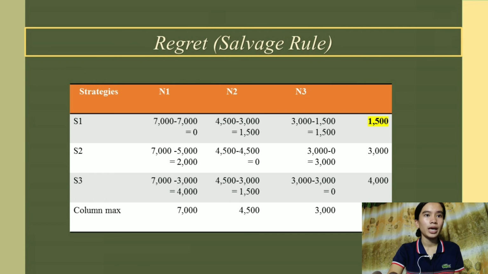In strategy 3, 7,000 minus 3,000 is 4,000, 4,500, 3,000, 1,500, and 0, with the highest of 4,000. As we said earlier, we will choose the smallest anticipated opportunity loss value, and in this case, the smallest is strategy 1, which we will choose.